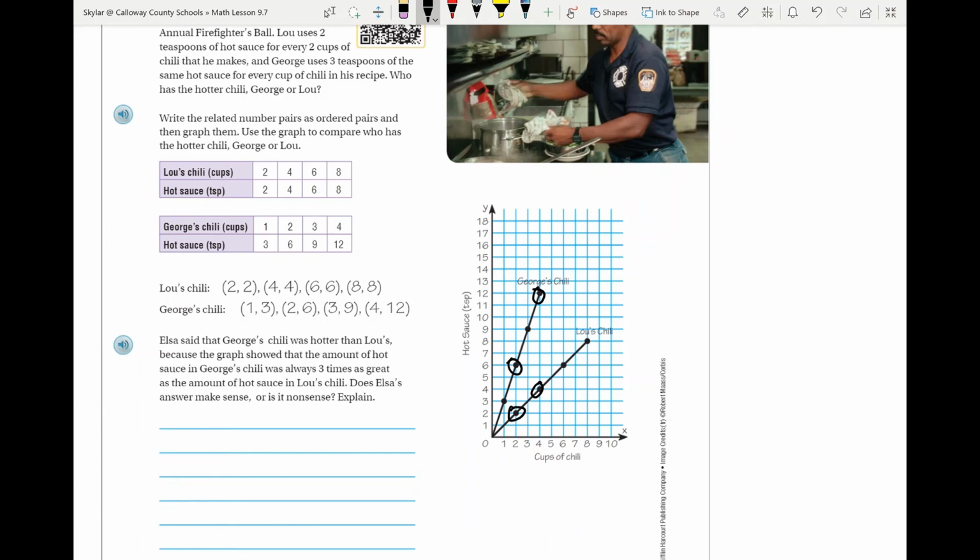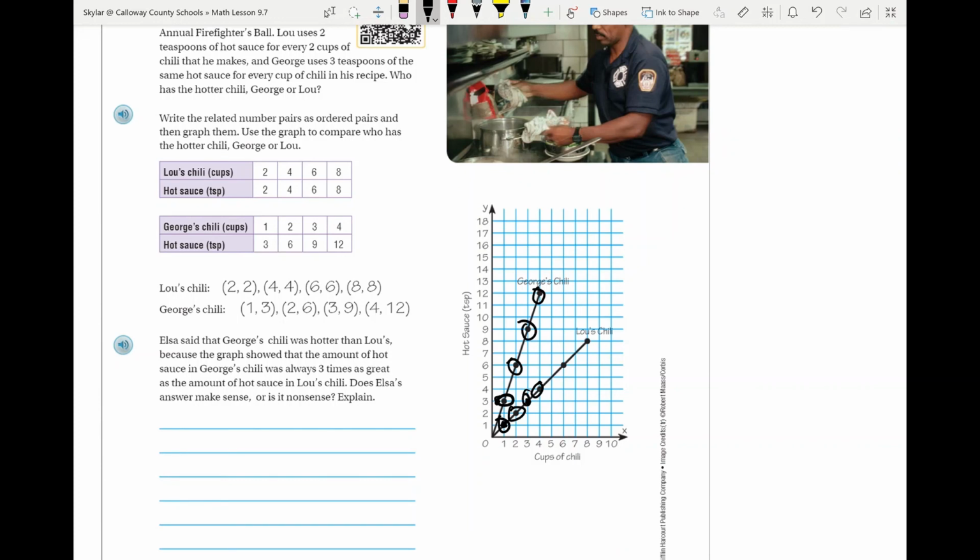And you can actually even use the points that they did not match up on. Like, let's say whenever they had 1, we would fill that in right there. 3 is 3 times bigger than 1. Maybe you want to check where they said 3. Well, at 3 cups of chili, she would have had 3 teaspoons of hot sauce, where he had 9.